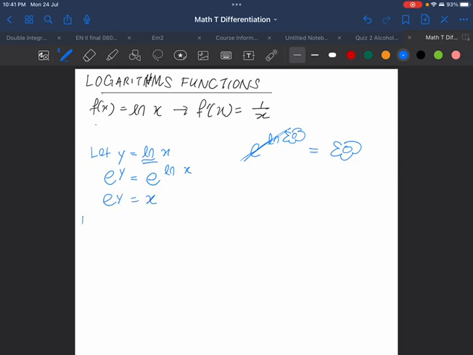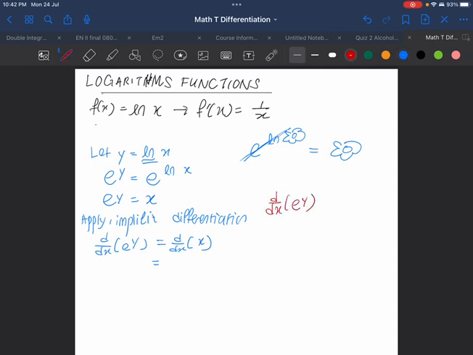So now we apply implicit differentiation. Taking d/dx of both sides, d/dx of e to the y equals d/dx of x. Let's do the left side separately. d/dx of e to the y will be equivalent to d/dy times dy/dx.